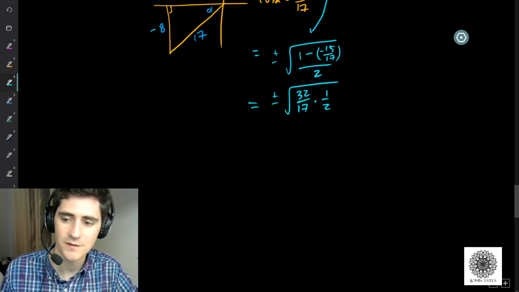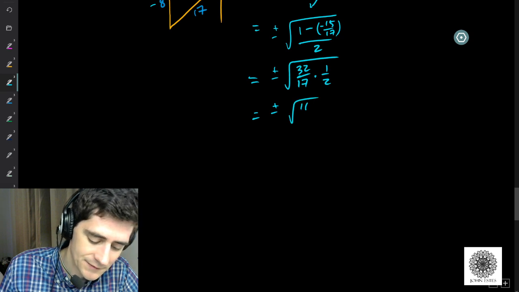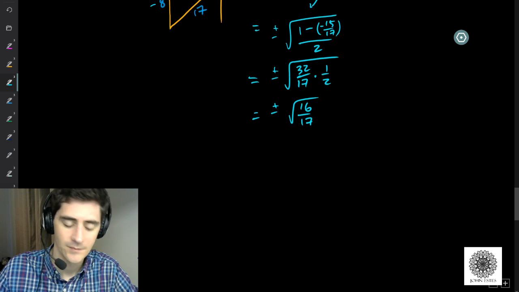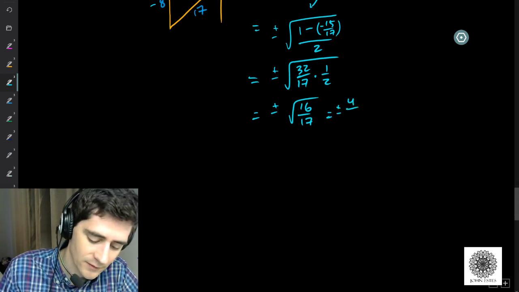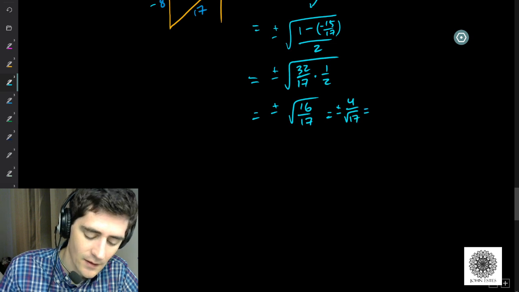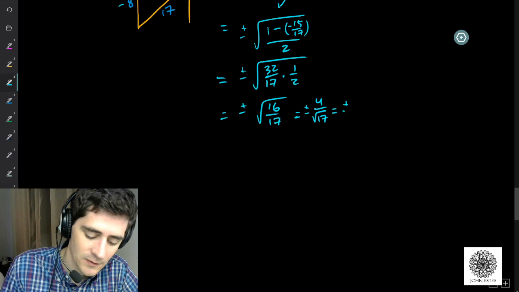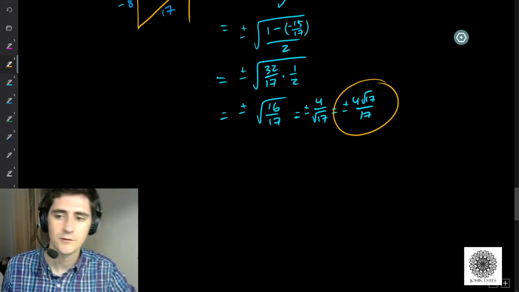I'm not going to make that mistake again. So I end up with plus or minus the square root of 16/17. The square root of 16 is 4, so I get plus or minus 4 over root 17. And if I rationalize, multiplying by root 17 over root 17, I get plus or minus 4 root 17 over 17, and there is my solution.